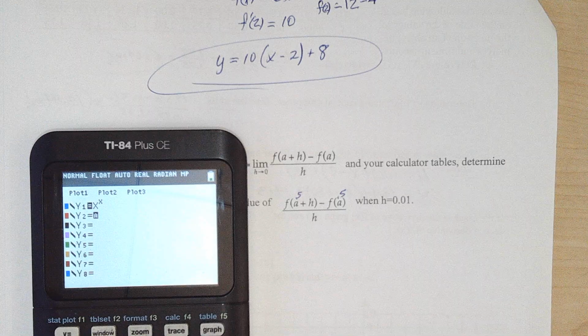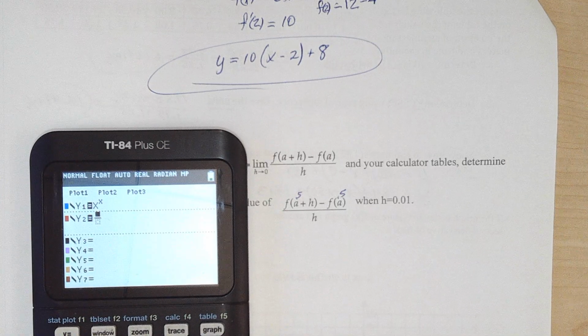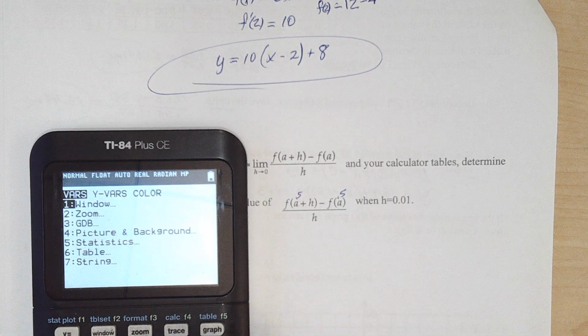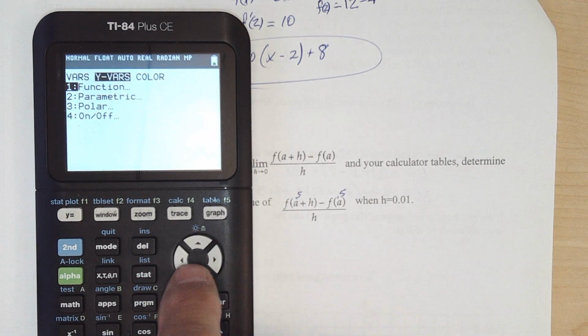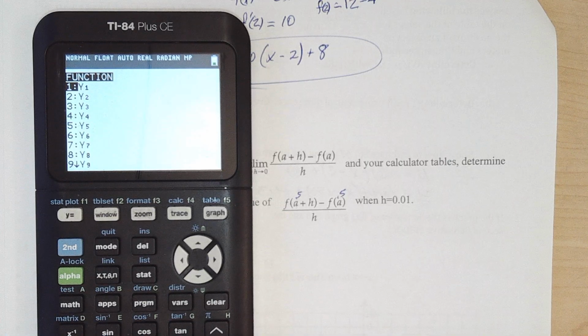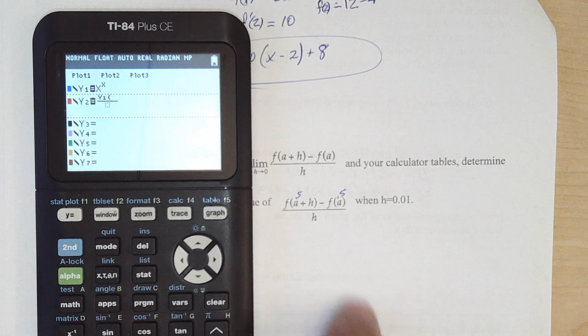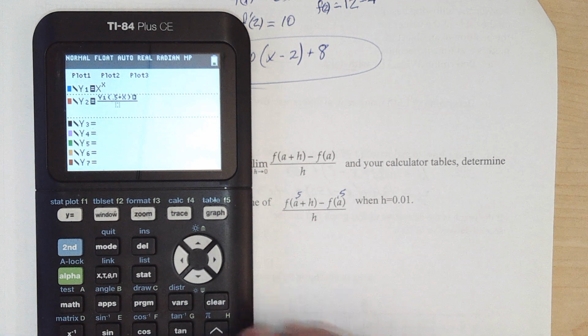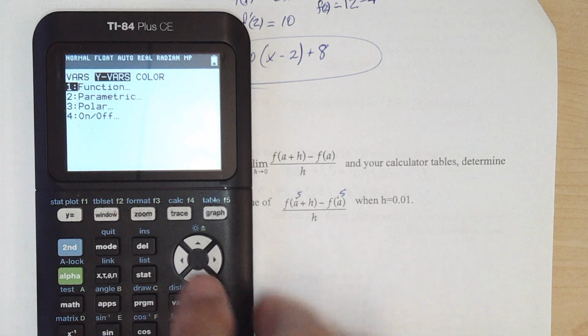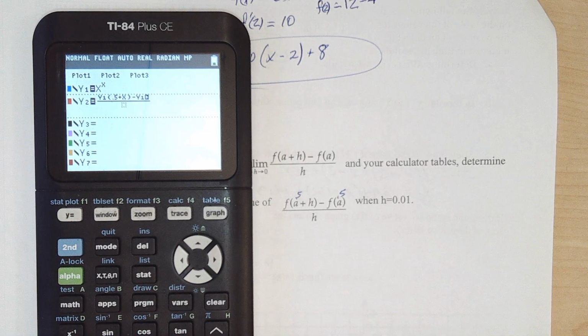I'm going to use the fraction template, then Vars, Y variables, function y1 of 0.5 plus h, where I'm using x in place of the h, minus y1 of 0.5.